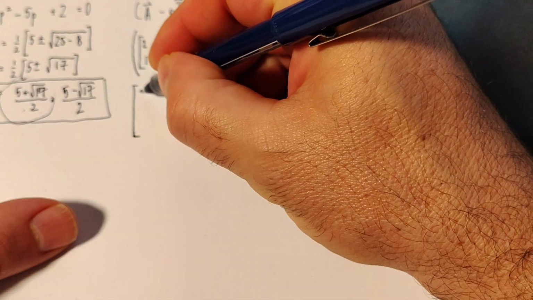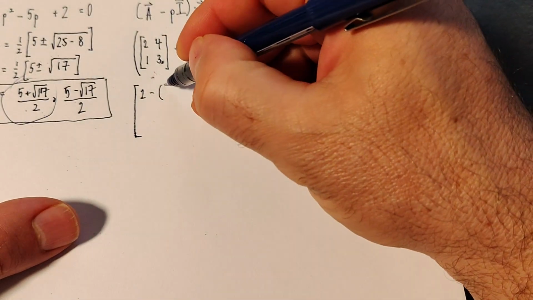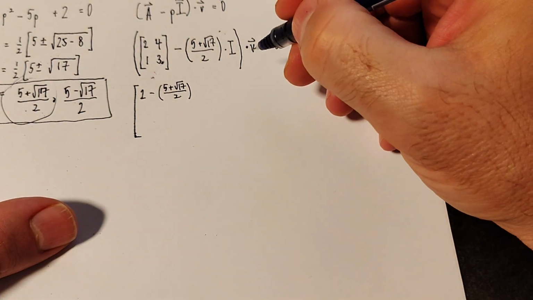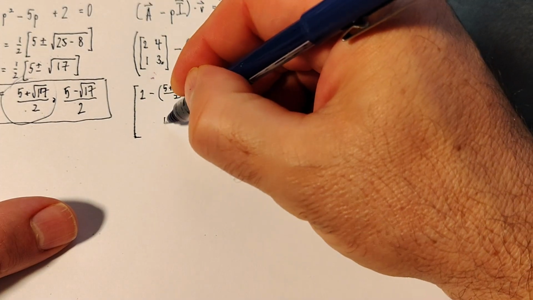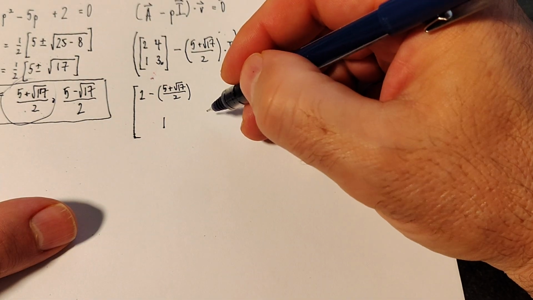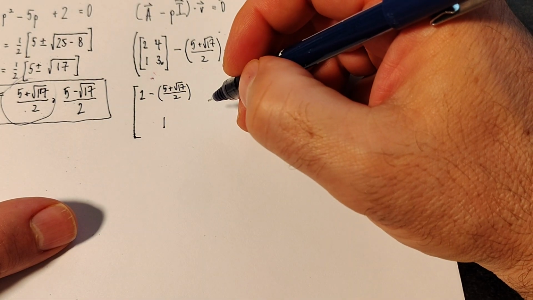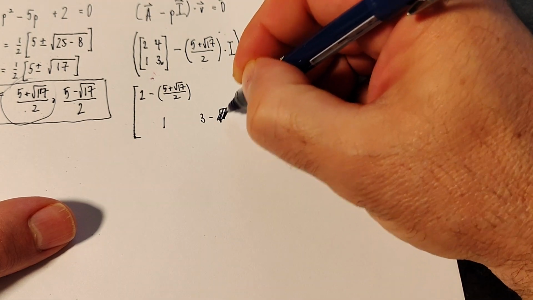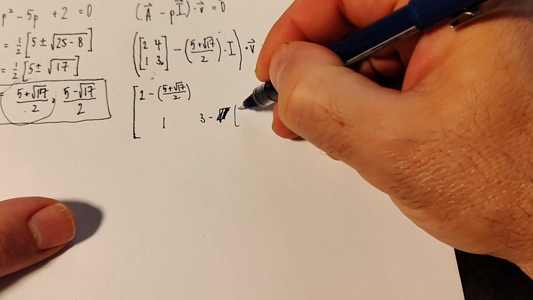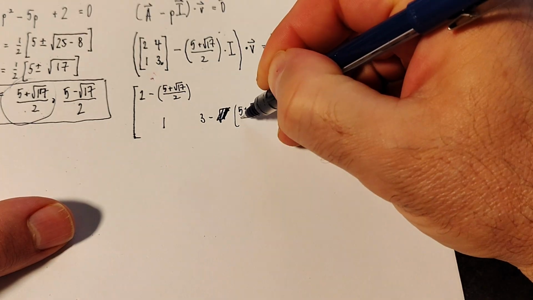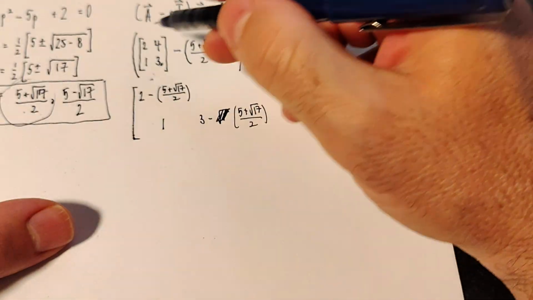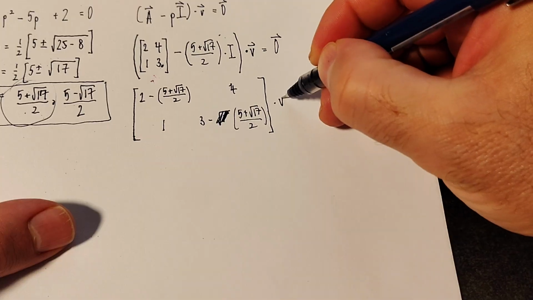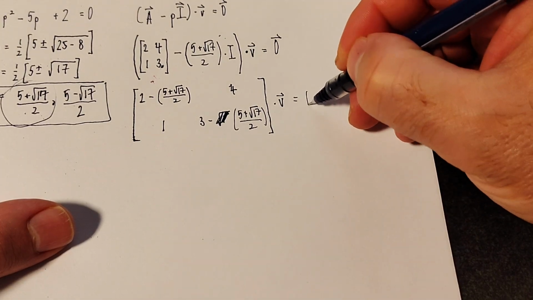So it's going to be 2 minus 5 plus root 17 over 2. And then we have 1 here. And then we're going to have 3 minus 5 plus root 17 over 2. And then we have 4 up here, times vector v equals 0.